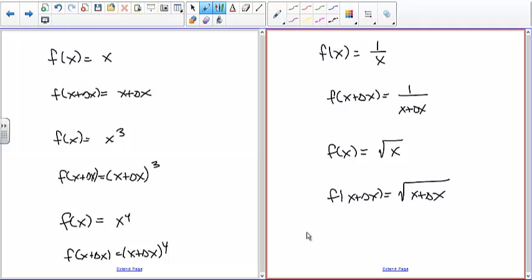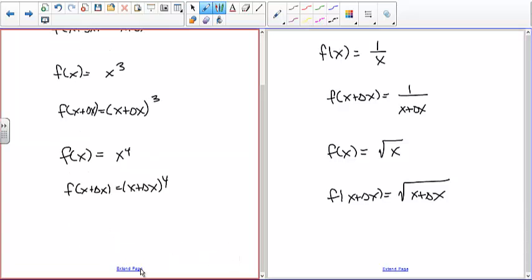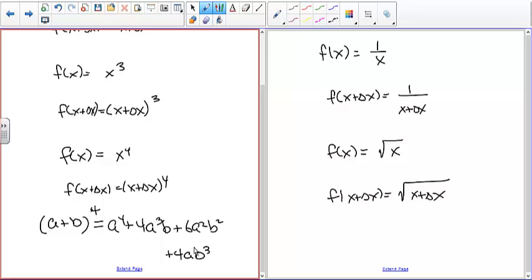And one thing to remember is that in this case right here, multiplying this whole thing out would be a pain in the neck, but if you have a plus b to the fourth power, that's a to the fourth plus 4a cubed b plus 6a squared b squared plus 4a b cubed plus b to the fourth power.